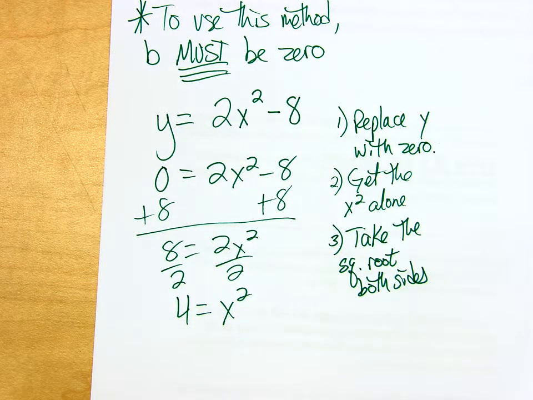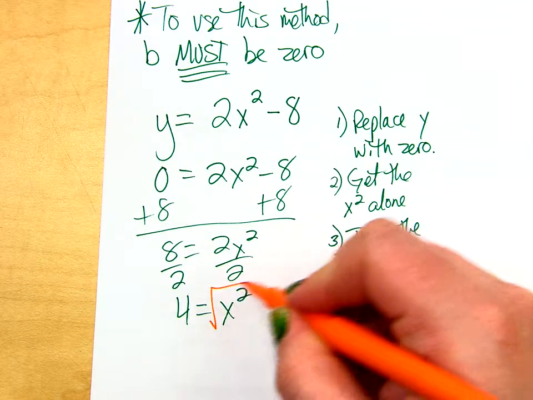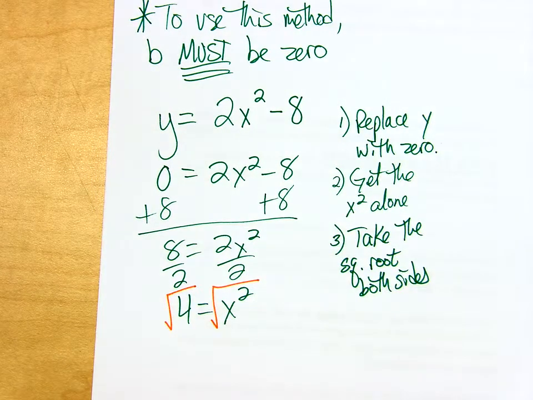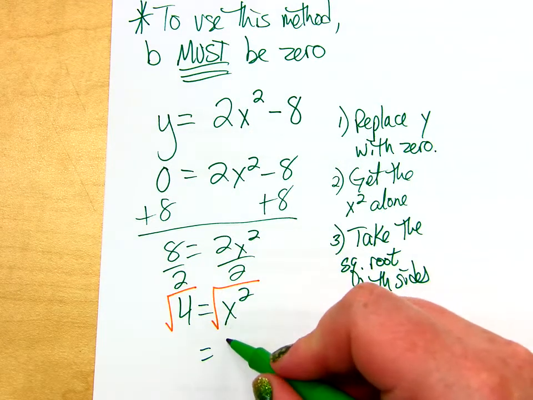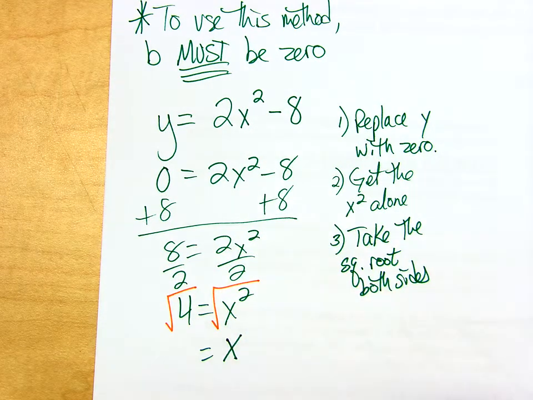Now, here's where things get interesting, and you need to make sure that you remember this. When I take the square root of both sides, the square root of x squared is just x.